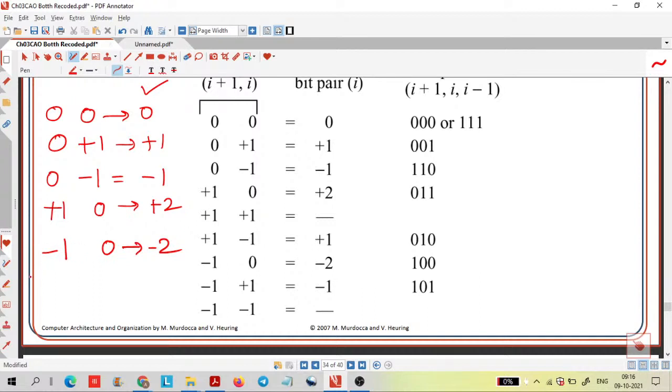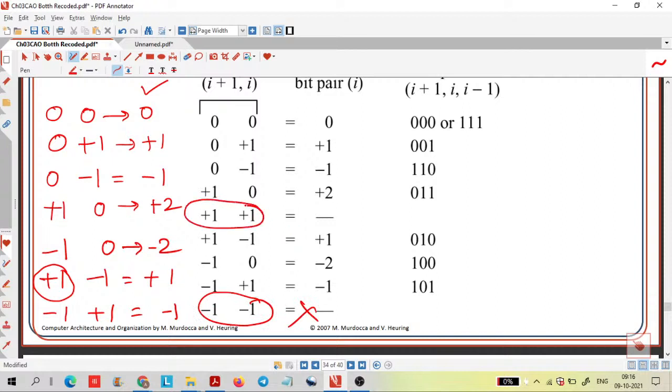Then one more case is +1, -1. That is +1. These two cases, +1, +1 and -1, -1, are not coming. As per the rule, they won't come at any condition.